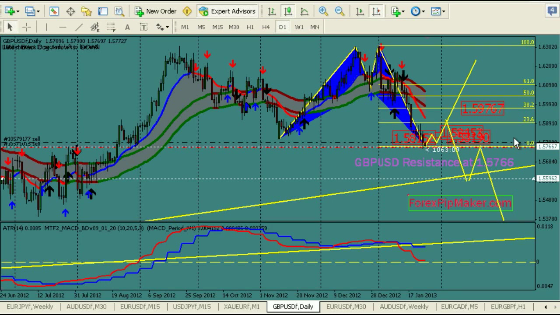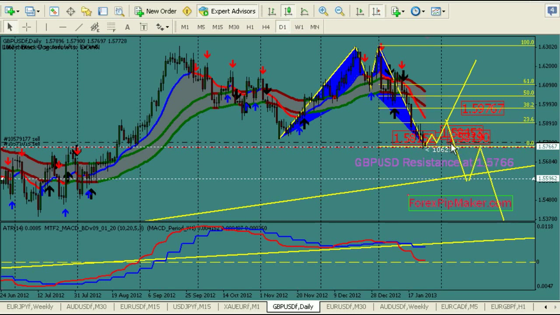So once again, just to recap the things that we talked about, if price goes up, initial target's at 158.91, second target's at 159.76. But we do that only after we see a double bottom formation right here. So the entry level is probably going to be at 158.45.